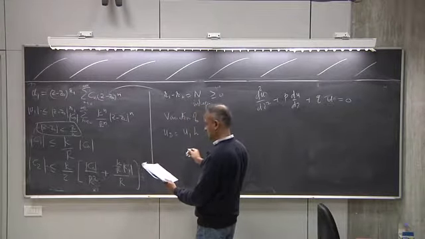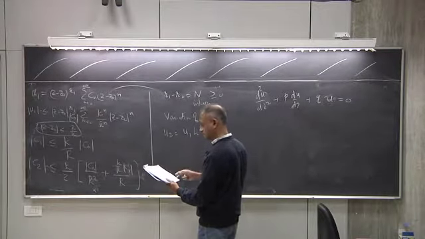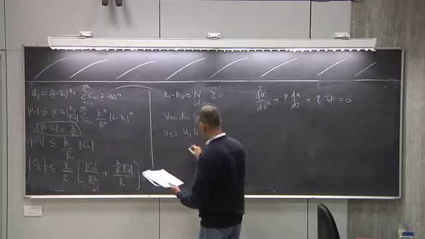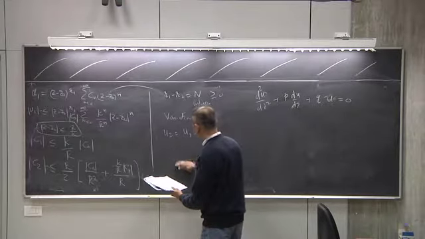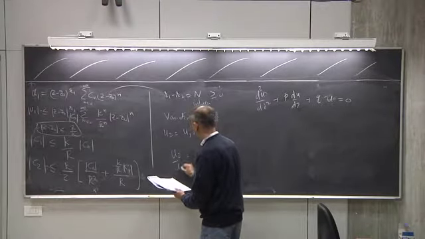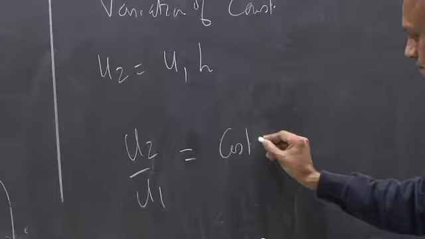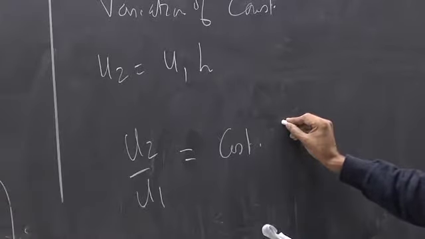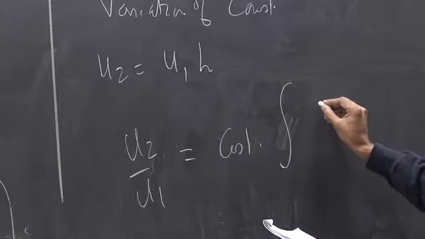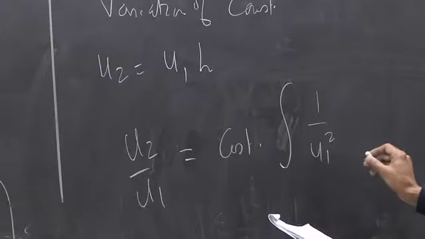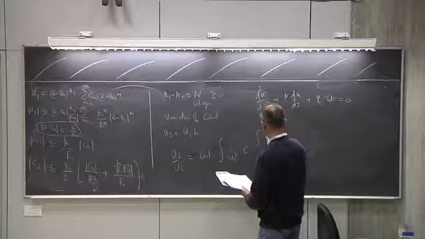At the end of the day, what we found was that h is given by, in fact I can write down u2. u2 divided by u1 is h. This is some constant times u1 times the integral of 1 over u1 squared times e to the power of minus the integral of p.